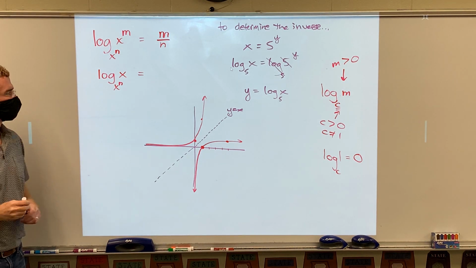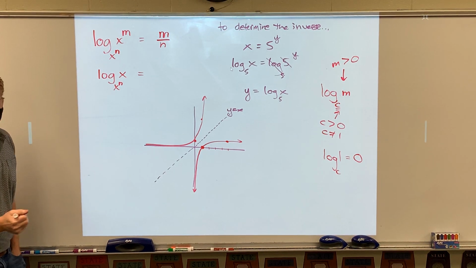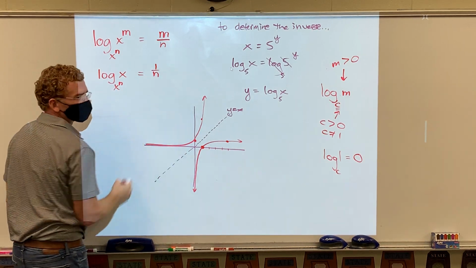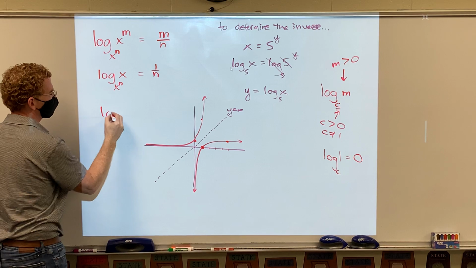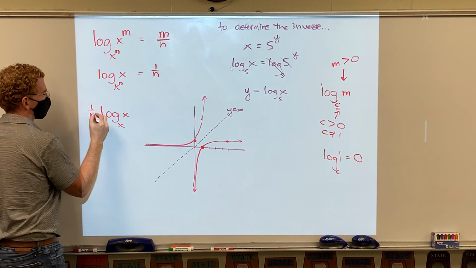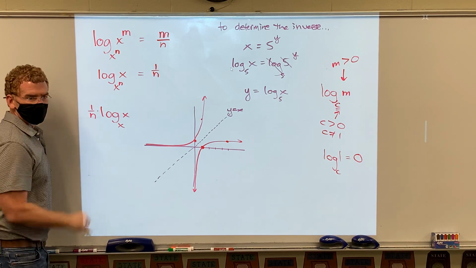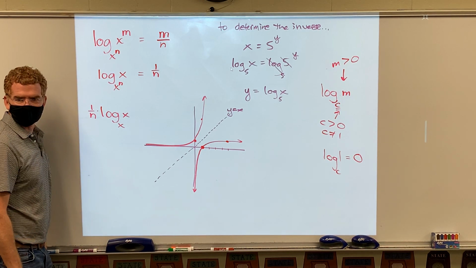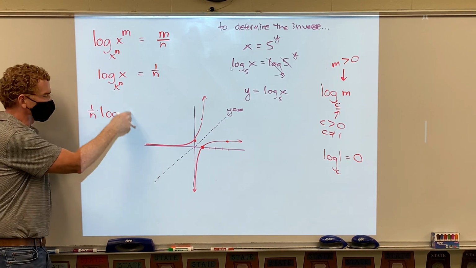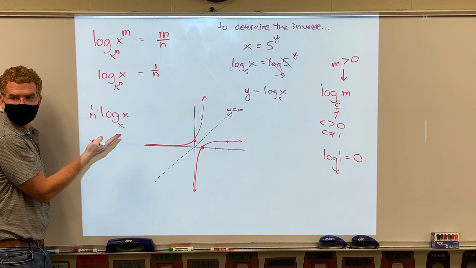What would this give me? 1 over n. Now if this gives me 1 over n, follow with me. What would this give me? Same thing, because what's log base x of x? 1, and 1 times 1 over n is 1 over n.